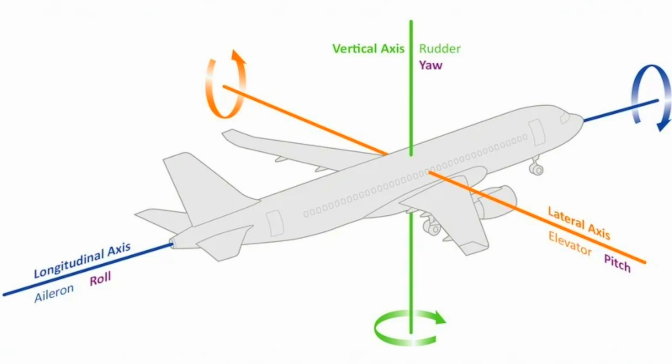Do you understand that? The rope that is coming out of the wings on each side is on a lateral axis, and it controls the pitch of the aircraft. When you see the nose going up and down, that is controlling the pitch. Now, let me ask you, what control surface do you think will be controlling the pitch of the aircraft? Some of you know it and some of you don't, but I'm going to tell you anyway.